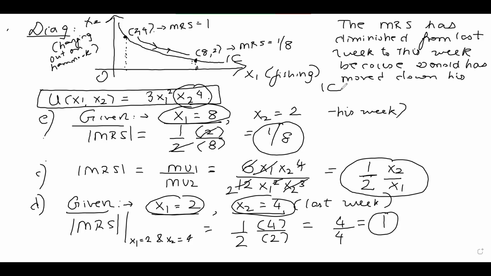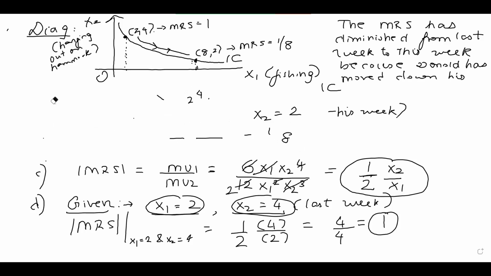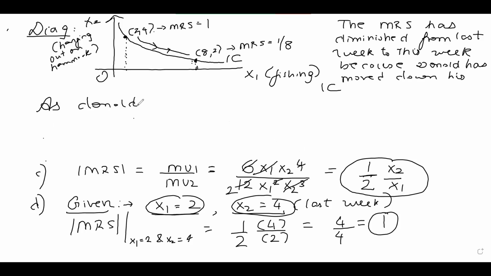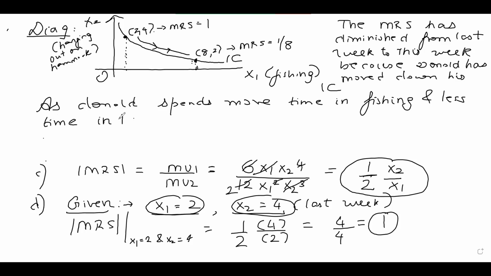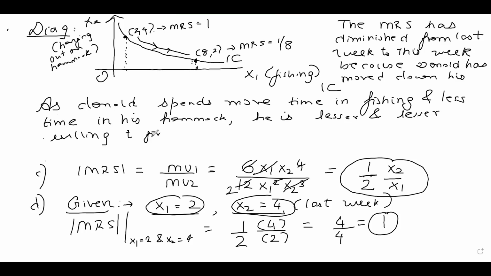And I can further elaborate, in continuation of the explanation, by saying that as Donald spends more time in fishing and less time in his hammock, he is lesser and lesser willing to give up hammock time for an extra hour of fishing.